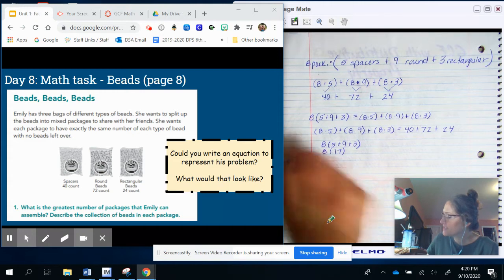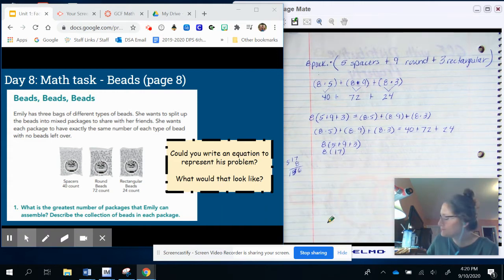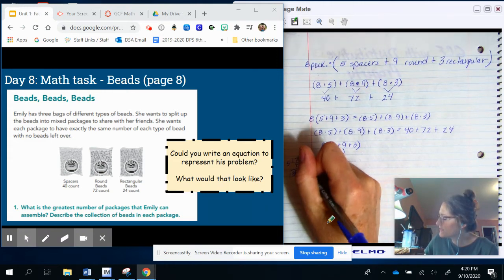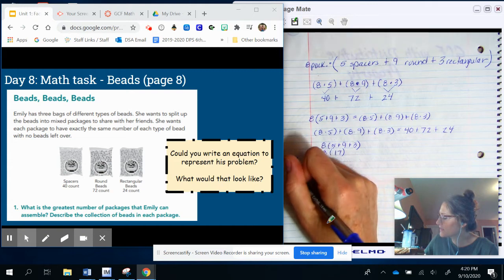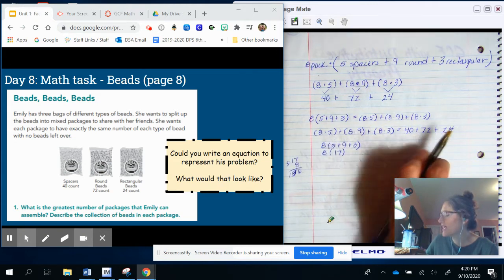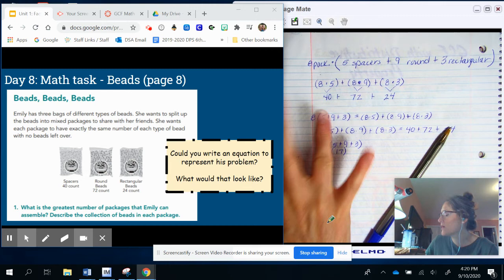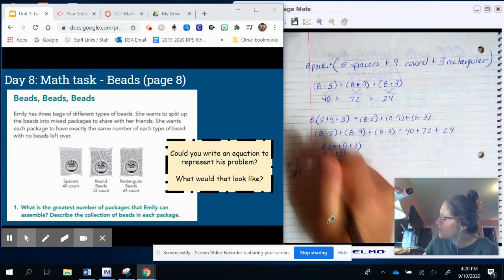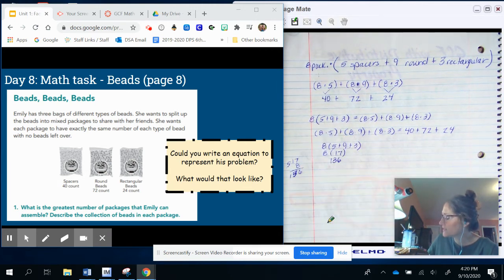Should be 136. I double checked it. 8 times 7 is 56. Put down the 6. Carry the 5. 8 times 1 is 8. 9, 10, 11, 12, 13. 136. Okay. So 136. Let's see if any of these other things come out to be 136.